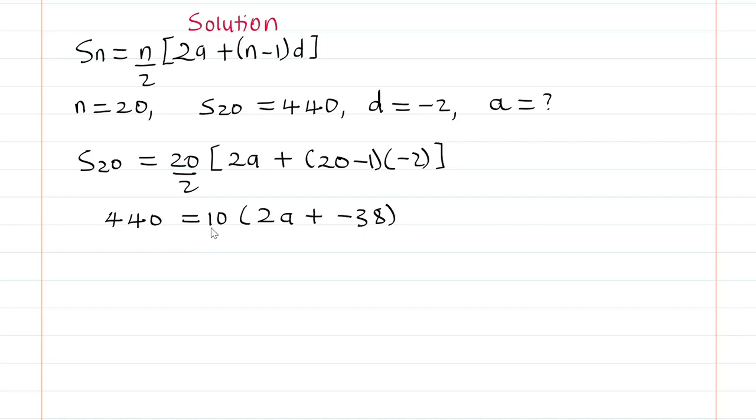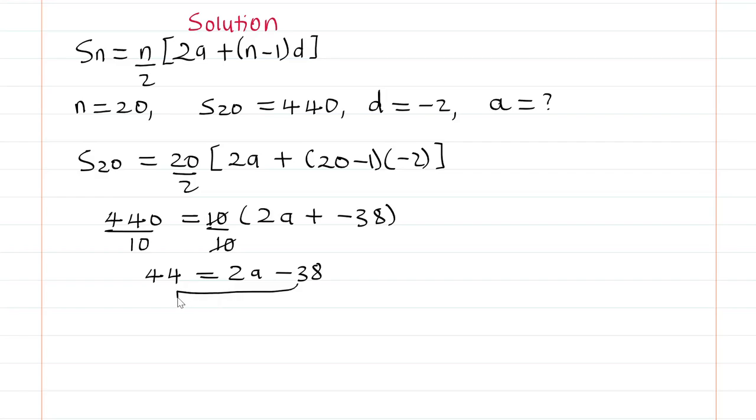Getting back, we divide both sides by 10 because we are looking for a. What is 440 divided by 10? That is 44. So 44 equals, this 10 and that 10 cancel, so we shall have 2a. Positive times negative, we get -38, so it becomes a minus.